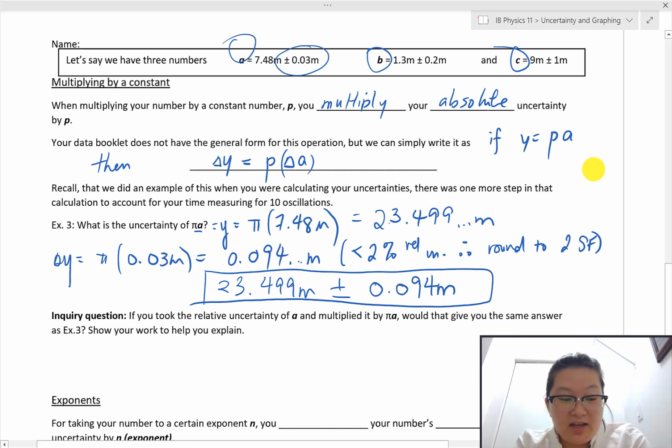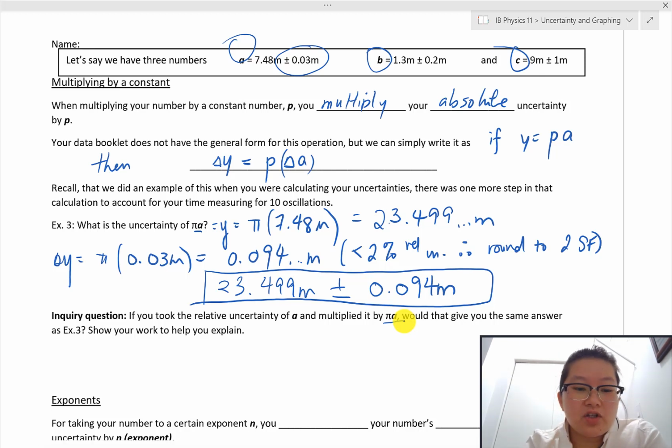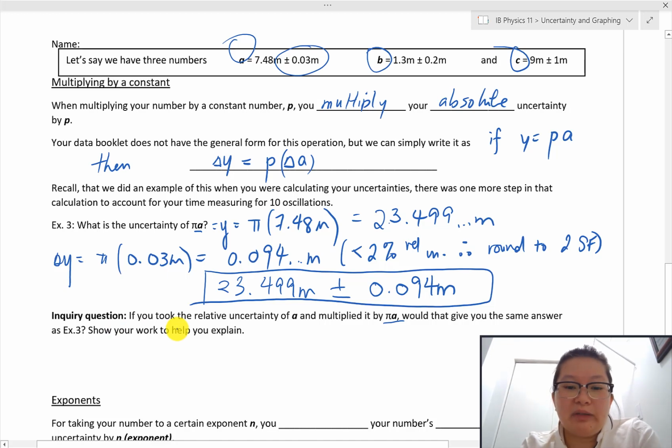Now, this is an interesting thing to think about, and maybe a chance for you to try it out first, but let's read it together. If you took the relative uncertainty of A and multiplied it by the result, so that's pi times A, would that give you the same answer as example 3? If you are not sure, yes or no, show your work to help you explain.